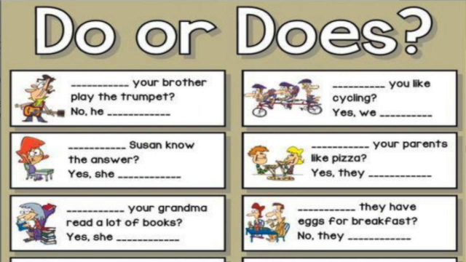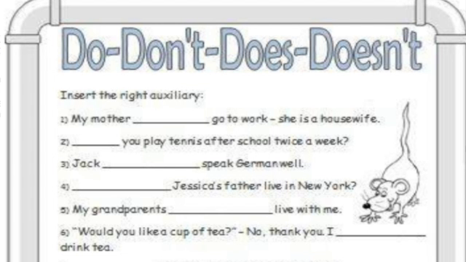In this exercise it's quite the same, but you have to read before you answer. We have this example: My mother, and then a line, because we have to put do, don't, does, or doesn't. My mother go to work. She's a housewife. A housewife doesn't go to work. She stays at home and makes the dinner, the breakfast, and does the cleaning. It is very hard work, but it is not considered going to work in another place.